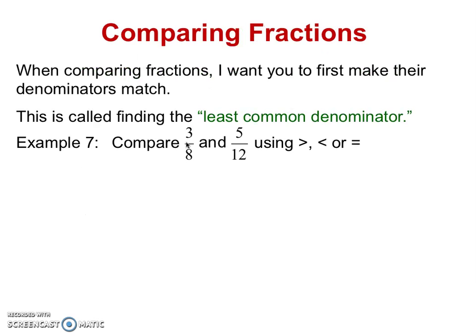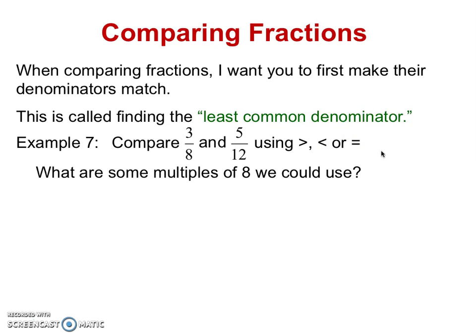All right, when I'm comparing fractions, I want you to first make their denominators match. This is called finding the least common denominator. So if I'm comparing 3/8 and 5/12 using greater than, less than, or equals, to do that, I'm going to find their least common denominator. So first, I'm going to look at my denominator, right?